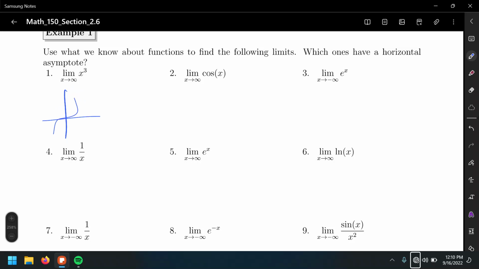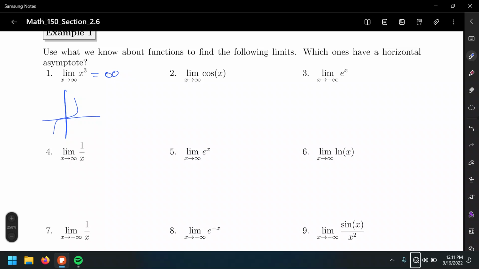I mean, this is the graph of x cubed. It doesn't have any asymptote, does it? So basically infinity cubed, where is that going to go? How big is it going to be? Just infinity. All right.